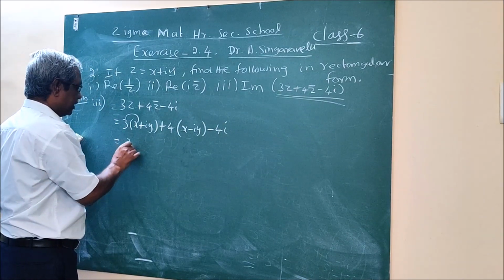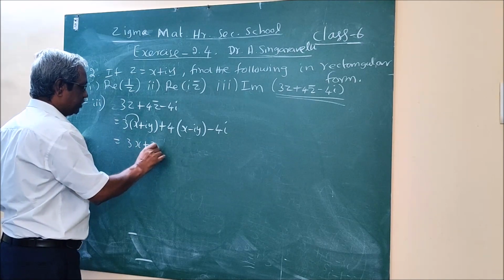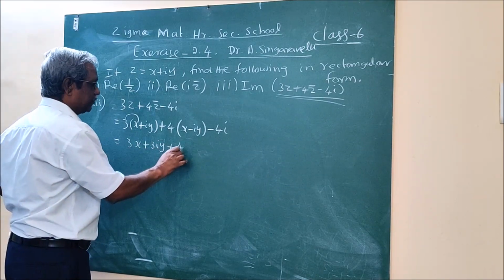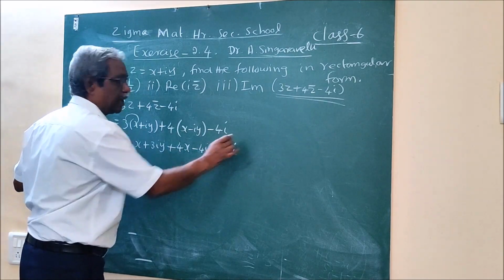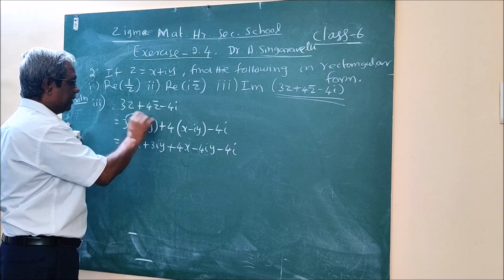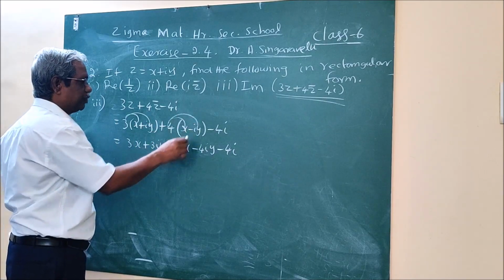So multiply: 3x plus 3iy plus 4x minus 4iy minus 4i.